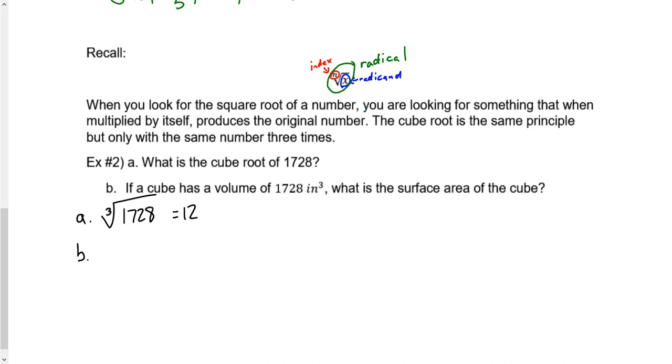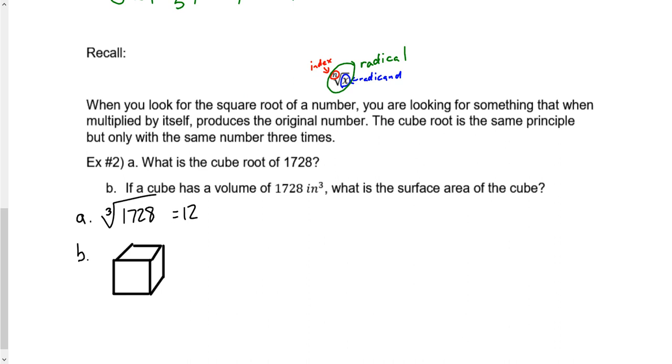Well, let's do some visual here. Let's deal with actually having a cube. Please ignore the slanted lines that are not actually making it a cube. So we have a cube that has a volume of 1,728.